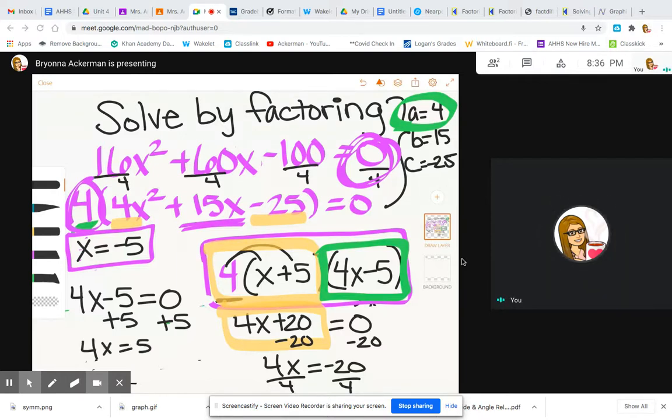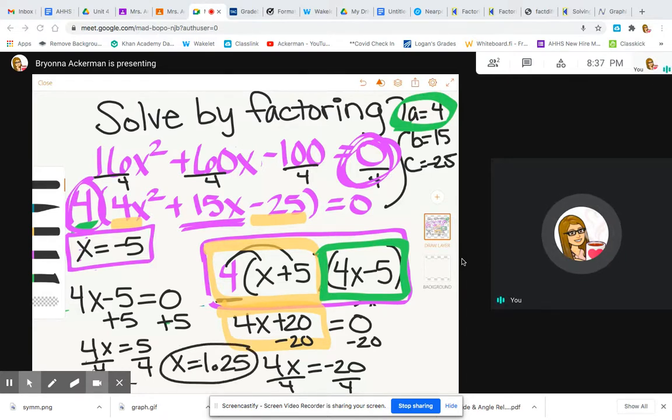Then we divide both sides by 4. And so we do get a decimal here. You can leave it as 5/4, or if it's easier to graph as a decimal, 5 divided by 4 gives us 1.25. And that's my other solution.